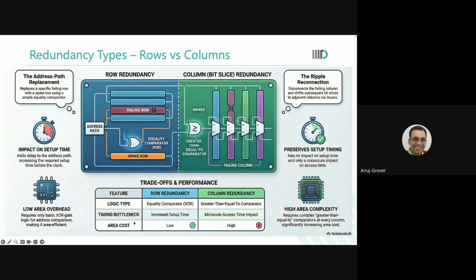You just have to reroute once. One comparator. In column redundancy, at every column you have to check if the failing address is smaller than my address. Because if it is smaller than my address, I have to shift. Are you getting it? This is the major reason why we have larger area in column redundancy.